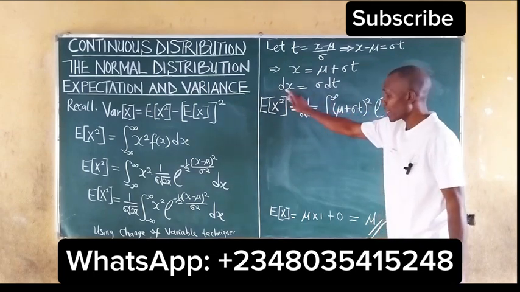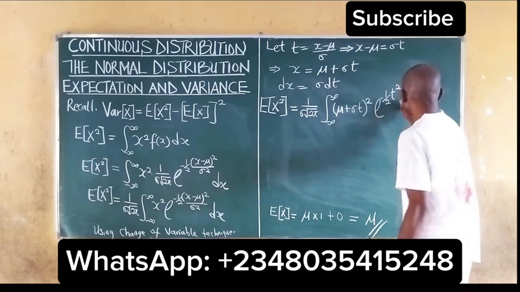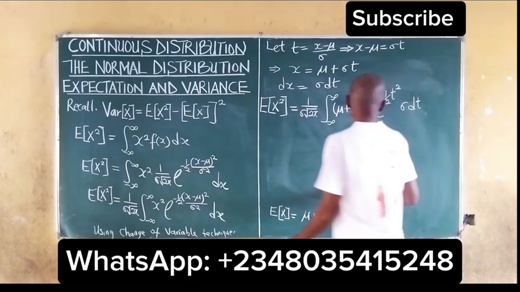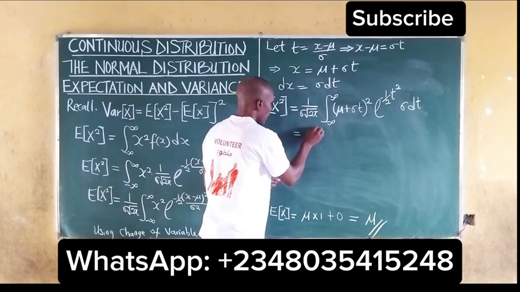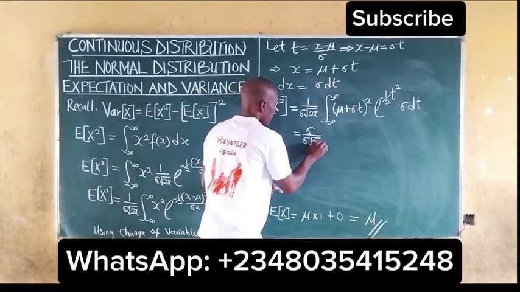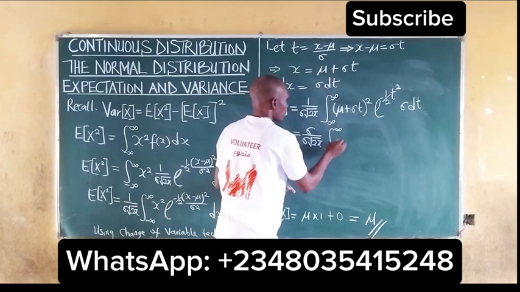And we have the dx here, which will now turn to sigma dt. Of course, this sigma can cancel this, so we'll have it as sigma all over sigma square root of 2 pi, the integral from negative infinity to infinity.